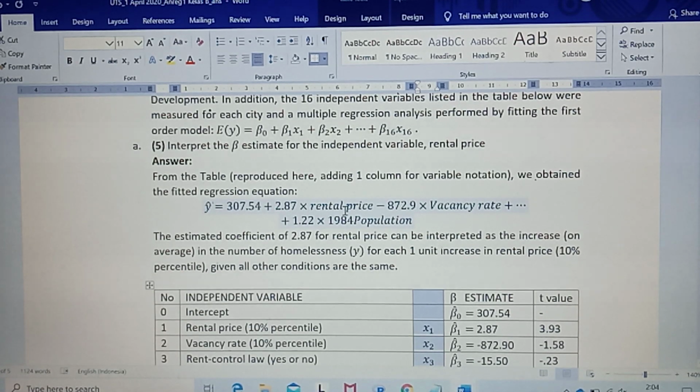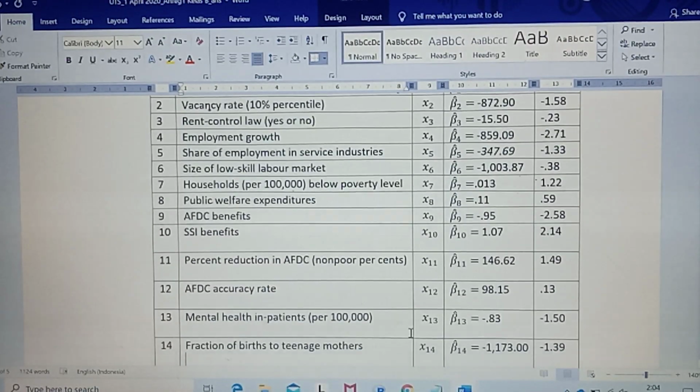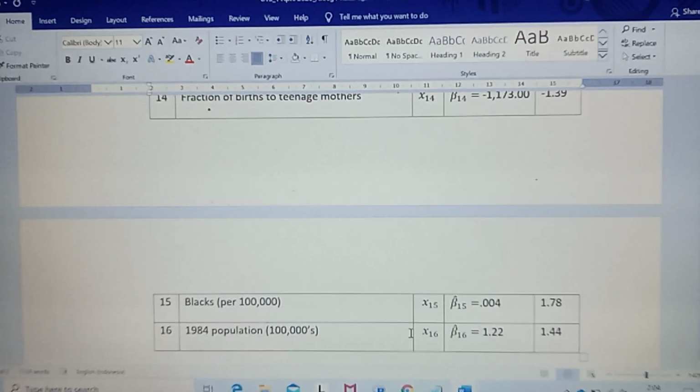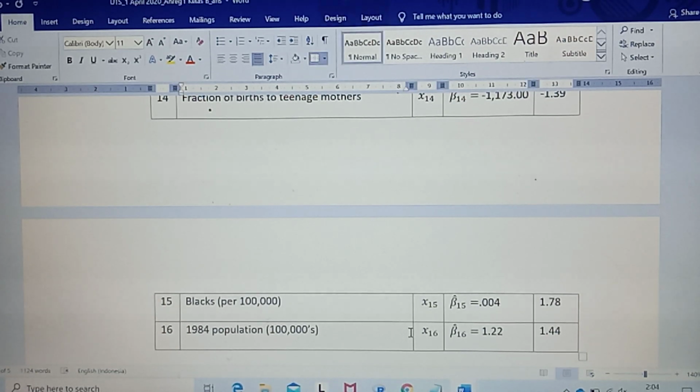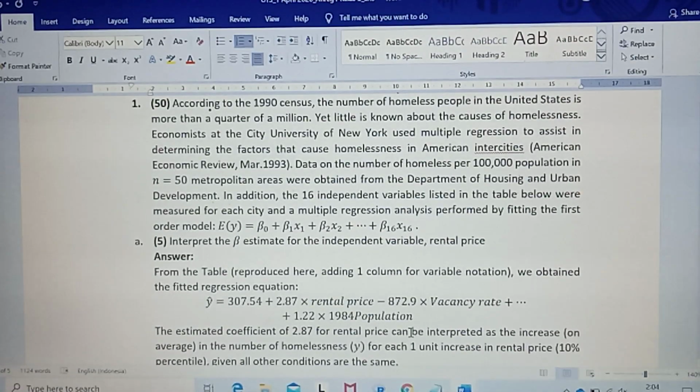So y cap is 307.54 plus 2.87 times rental price, that is the 10th percentile of the rental price, and so on all the way down to the 16th variable, where beta 16 cap is 1.22. So the contribution of the 1984 population is 1.22, and we write it down in our regression equation like this.